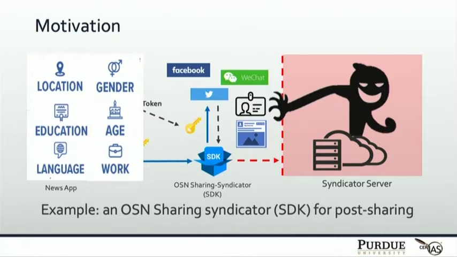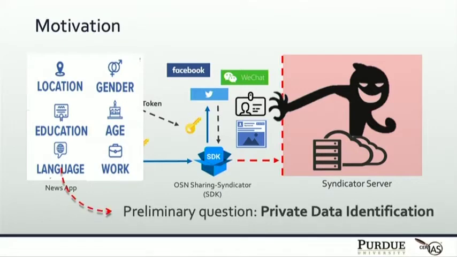The motivation behind this is quite simple. From the perspective of a third party, every piece of data is very helpful for more precisely targeting the audience when they do advertising. So that's the reason why they collect it, and they are going to sell it and share it with the advertising networks.